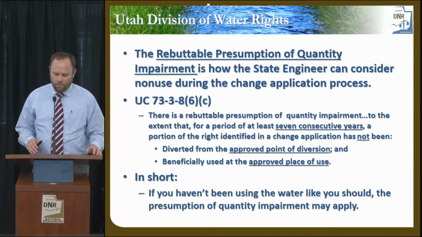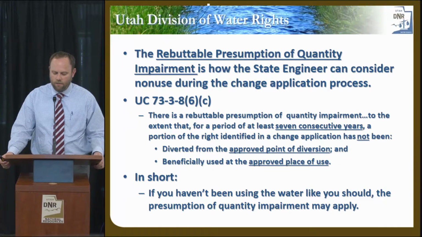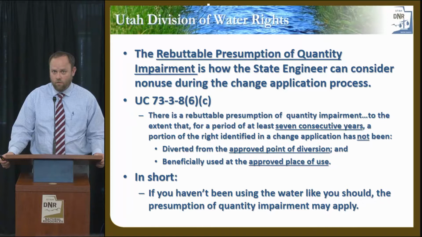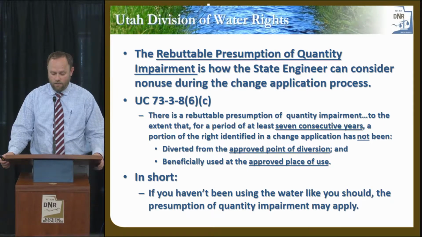So basically, what this is saying is, if you haven't been using a water right like you should be, the presumption of quantity impairment may apply. Okay, so if you're not using it at your approved point of diversion and approved place of use, this rebuttable presumption of quantity impairment may apply.